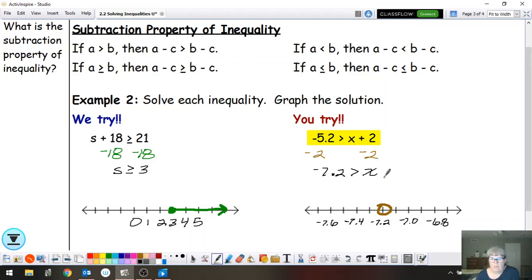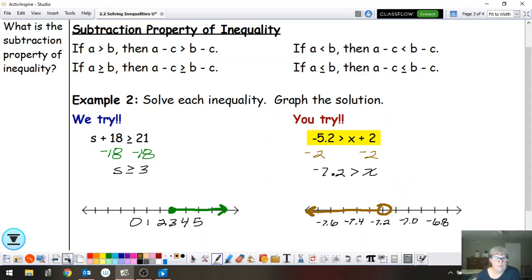So if I want values that are less than negative 7.2, my arrow will go to the left, because left and less than, that's how I like to stress it, left and less than.